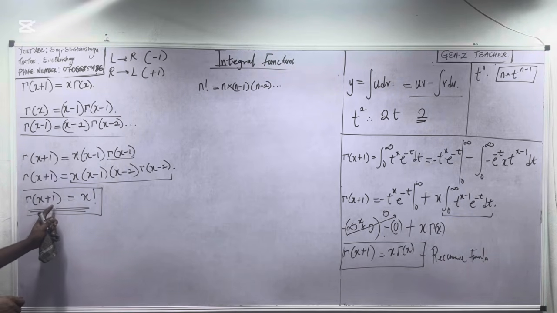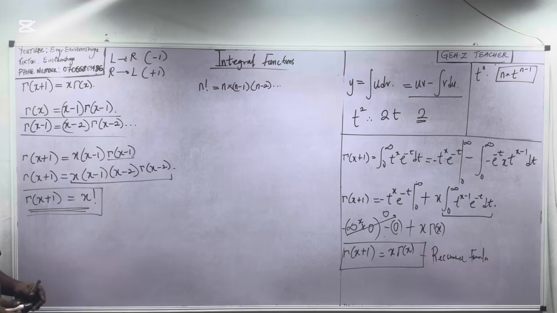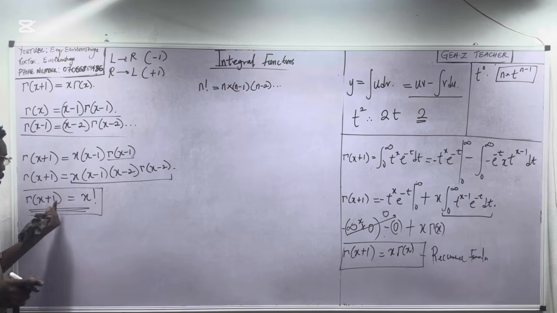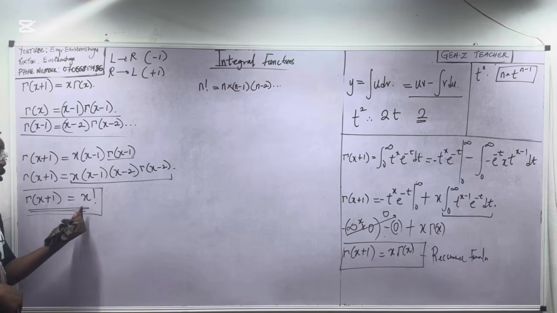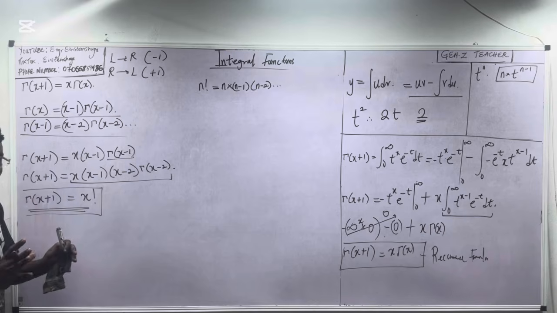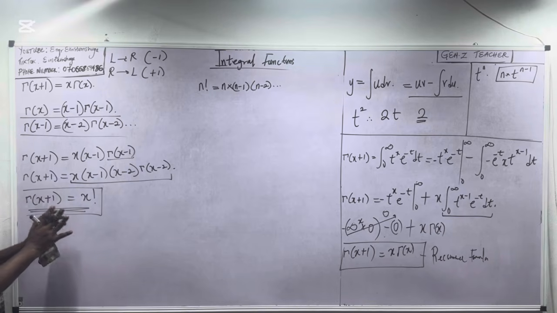The gamma of x plus 1 becomes x factorial. So for example, the gamma of 5 becomes 4 factorial. Remember, this x plus 1, this becomes x. The gamma of 6 becomes 5 factorial. So this is the first part for this integral function called gamma function.